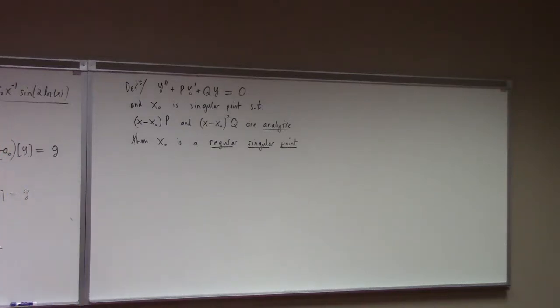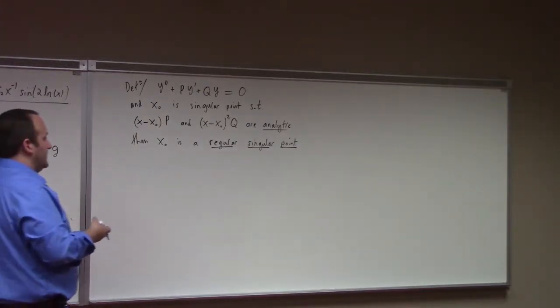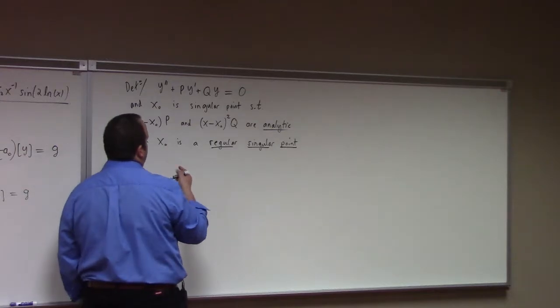So what that means is that P and Q are not analytic, but they're kind of not far from it, right? So what would that mean?